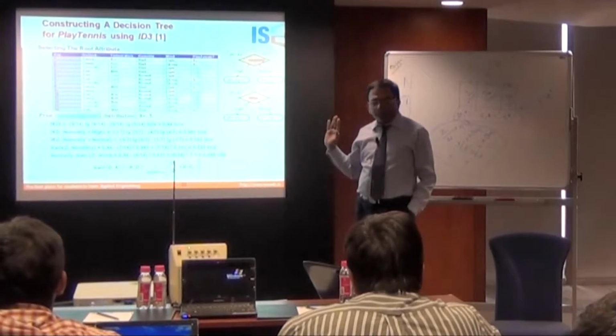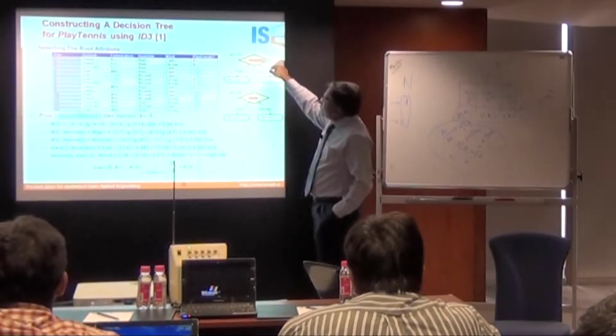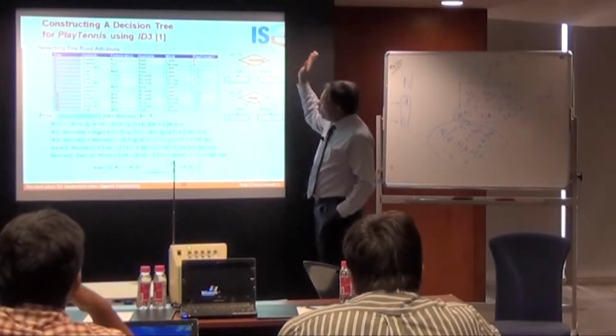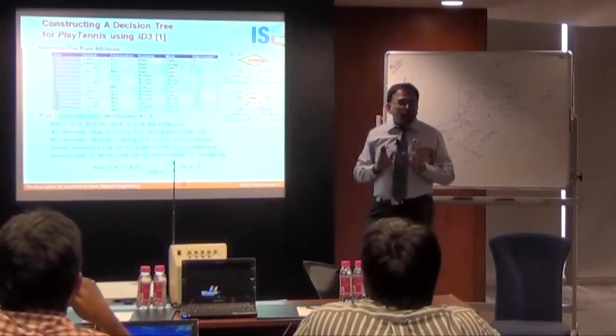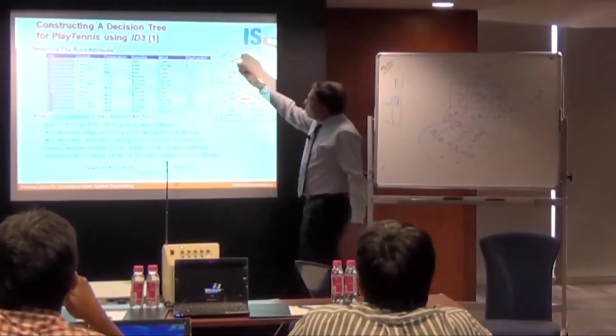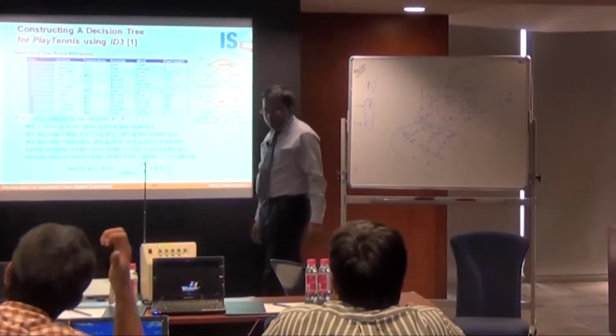You okay with that? Then we are now trying to split on the basis of humidity for no specific reason. We will evaluate all of them. We are starting with humidity. Humidity can have high and normal, 2 values.